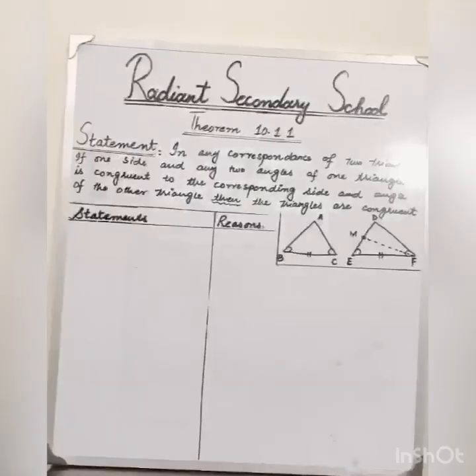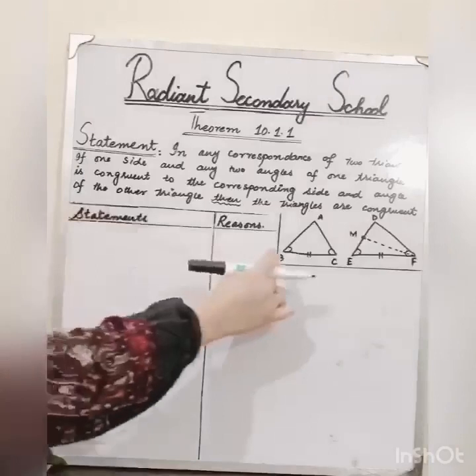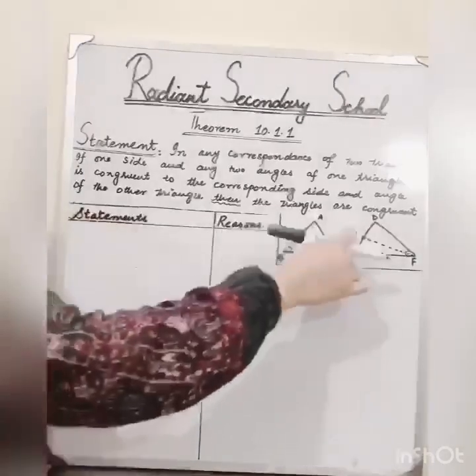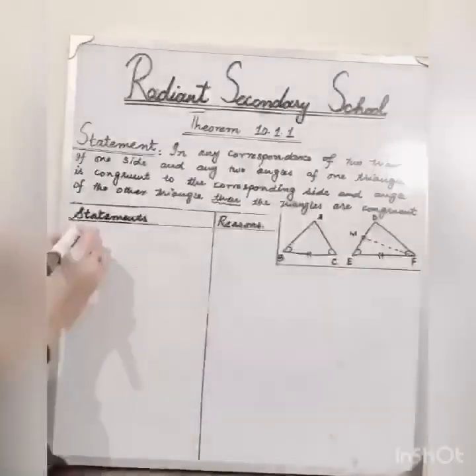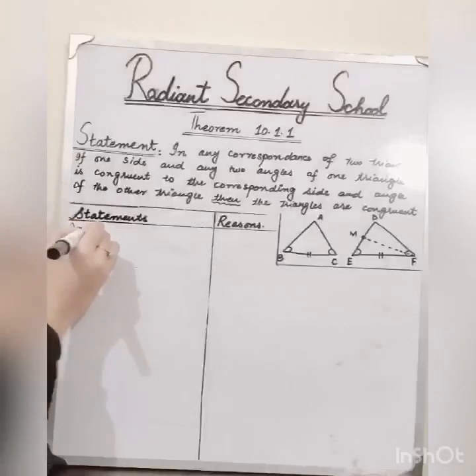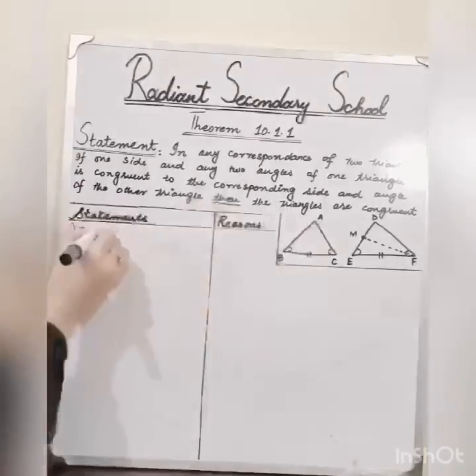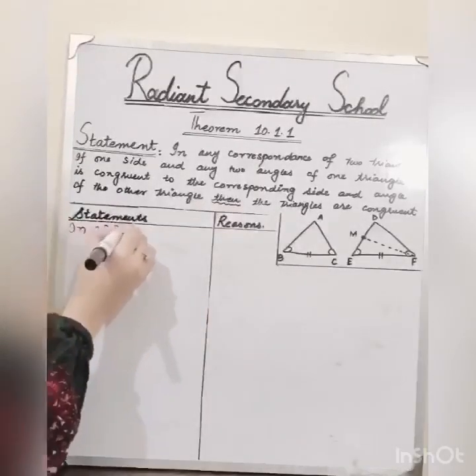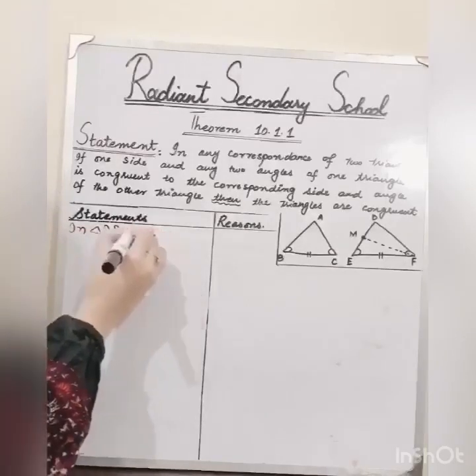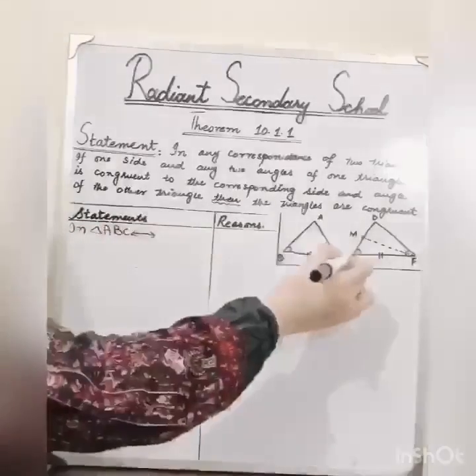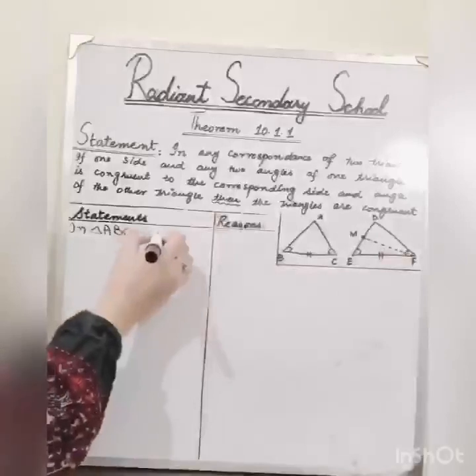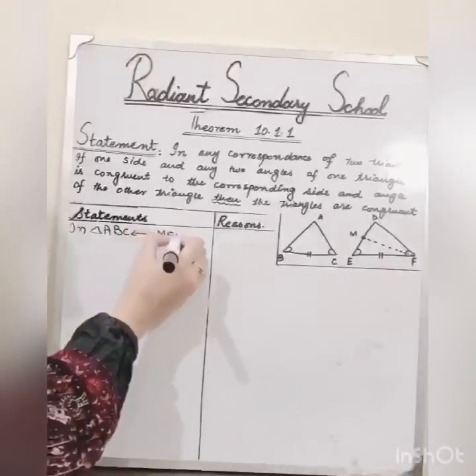Now we will write the statements and the reasons. Firstly, we will take the correspondence between triangle ABC and triangle MEF.